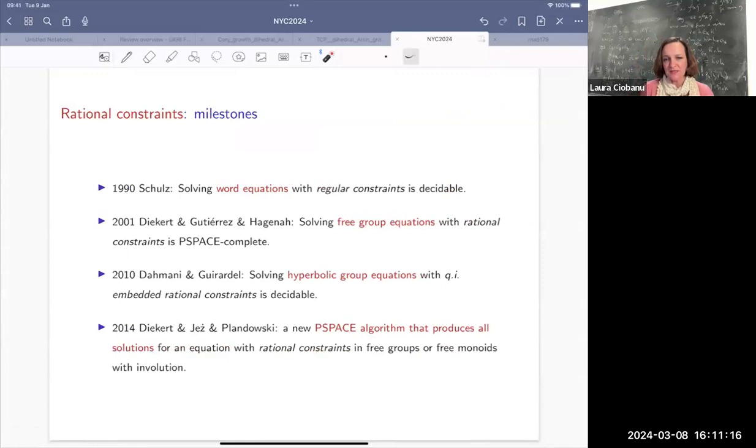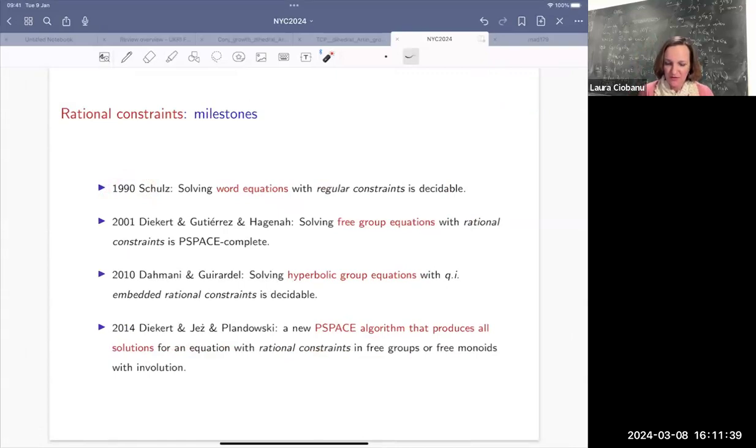So I said easy. Again, this wasn't right. Probably I should say it is just easier than the non-rational ones, because this was still a lot of work. There are milestones about solving equations with all kinds of constraints, starting from the 90s, or well, this line of research started in computer science.